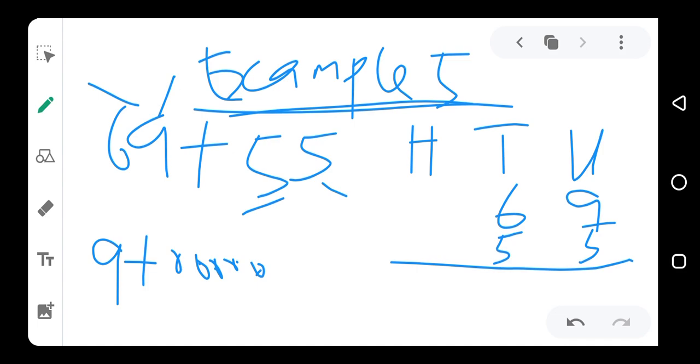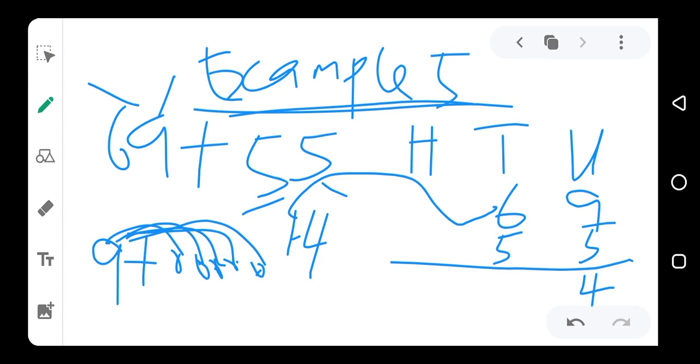So 9 plus 5 is 9, 10, 11, 12, 13, 14. 9 plus 5 is 14. 14 is 1, 4. So we write 4 under units. And this 1 that is remaining, we bring it and add it to this 6. It becomes 1 plus 6 is 7.